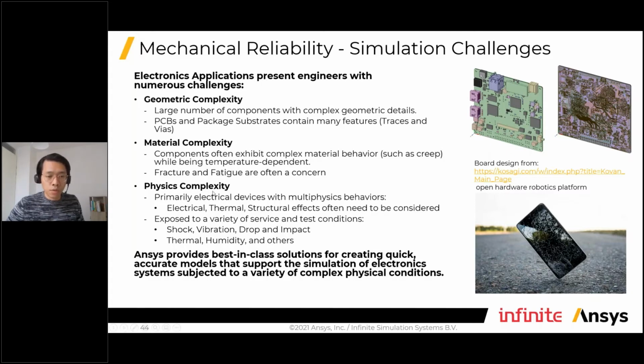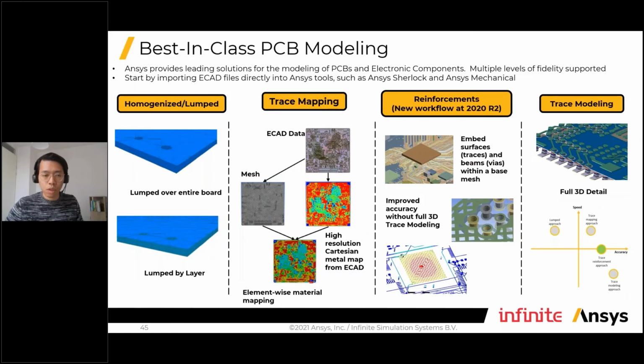The physics is quite complex because we are dealing with all kinds of different materials and structures coming together, and then there are thermal issues, shocks, vibration, jumps, and impacts, and even humidity and other more miscellaneous factors that could cause our lifetime to reduce.